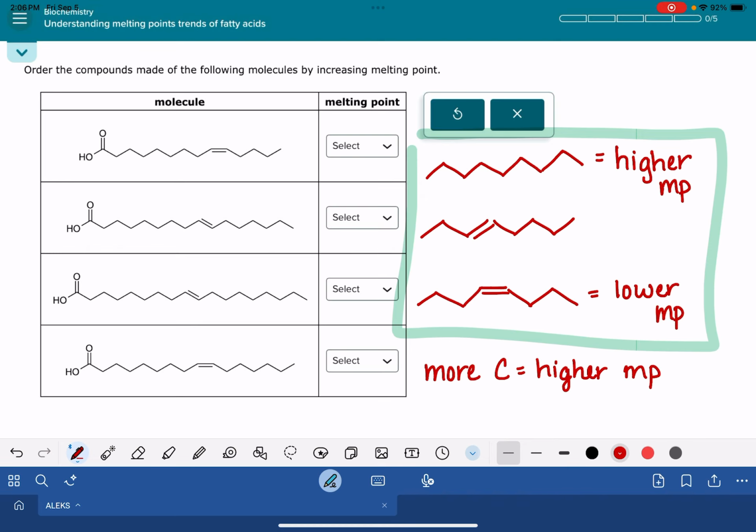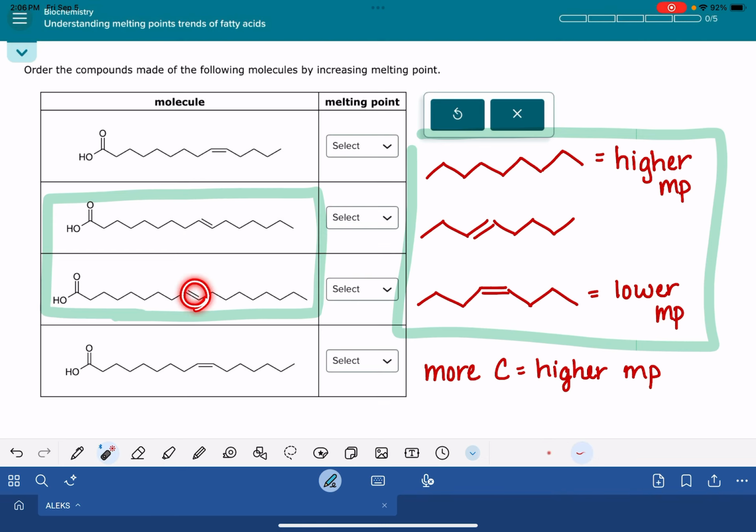Okay, so looking at these 4 molecules all together, the first thing that we're going to do is focus on these 2 molecules because they both have the trans double bond, which means that these 2 molecules are going to have a higher melting point than either of the cis, right? So one of these is going to be the highest melting point and the other one is going to be the second highest. And the way that we differentiate between them is simply by counting the number of carbon atoms.